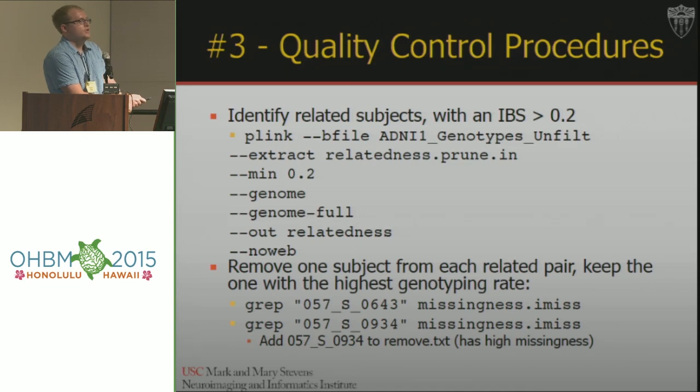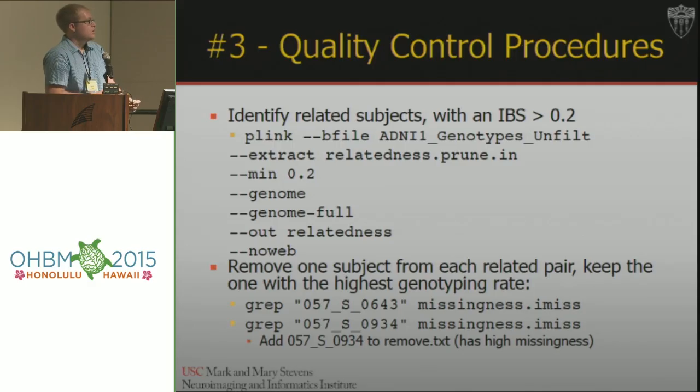An IBS score is basically a relatedness, a kinship coefficient. And so monozygotic twins, for example, are 100% related, so you would expect them to have an IBS score of 1. Siblings share about 50% of their DNA on average, so you would expect siblings to have a score of about 0.5, and so on for different familial relationships.